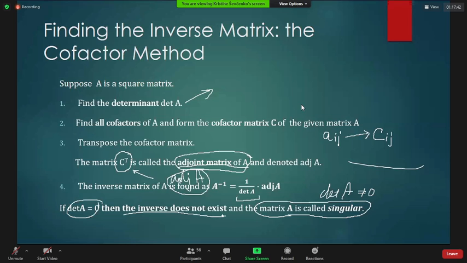And therefore matrix A is called singular, as in lonely, only, without a companion, singular as in single. It's just itself, and it doesn't have an inverse matrix. In number algebra, there's only one such number, 0, which doesn't have a reciprocal. But in matrix algebra, many matrices are singular. They don't have inverses.